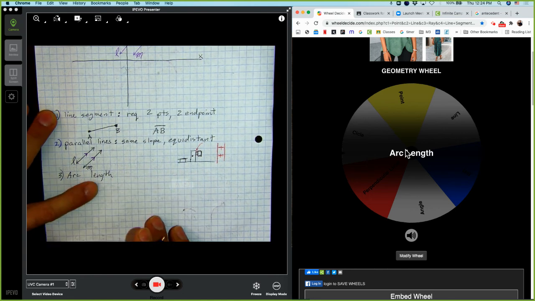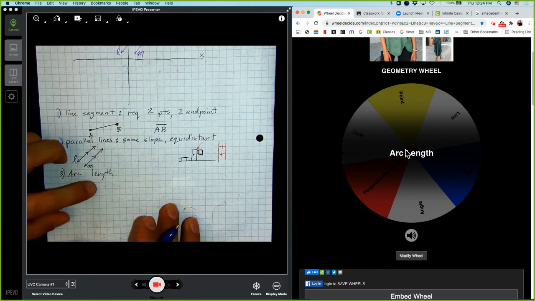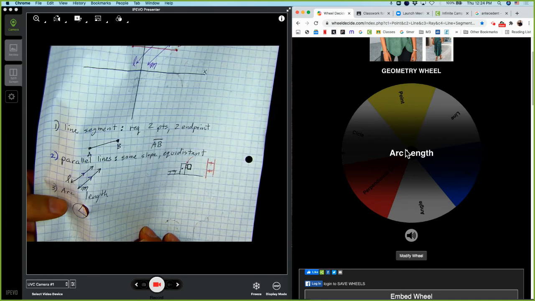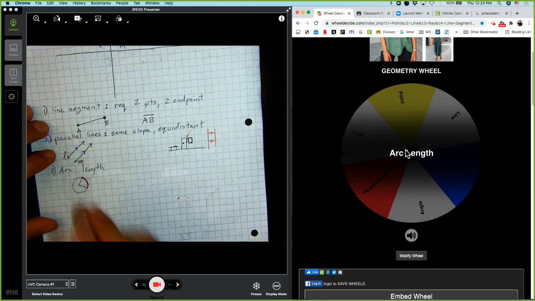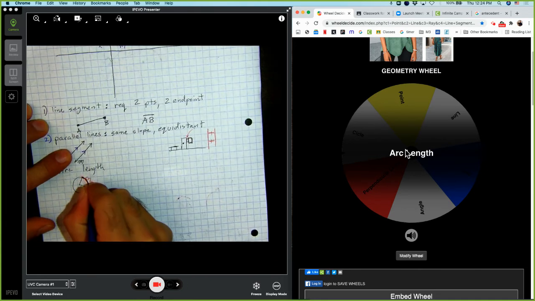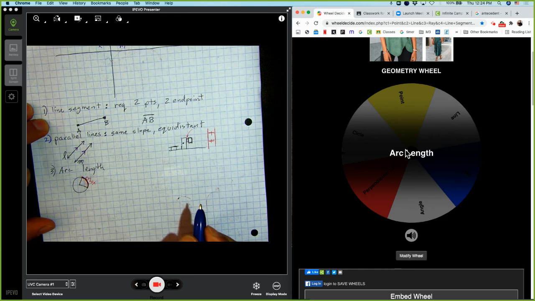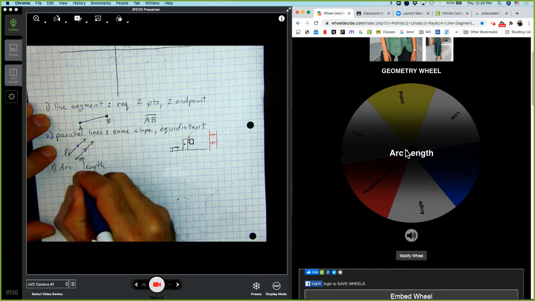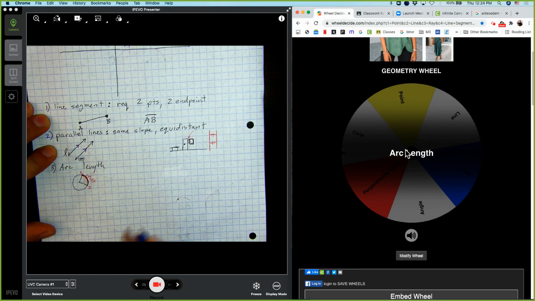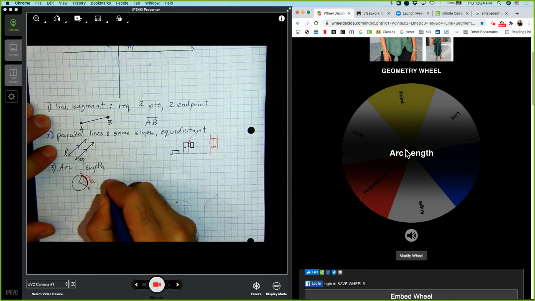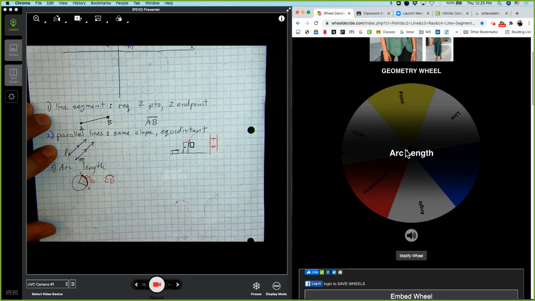You can think of it like the crust of a pizza. Okay. The arc length is, if this was, let's go C and D, go ahead and label it CD. Then the arc length would be CD, and I'd make a curved top part.